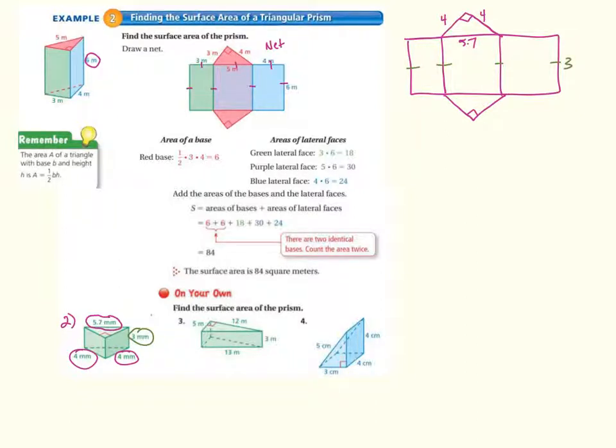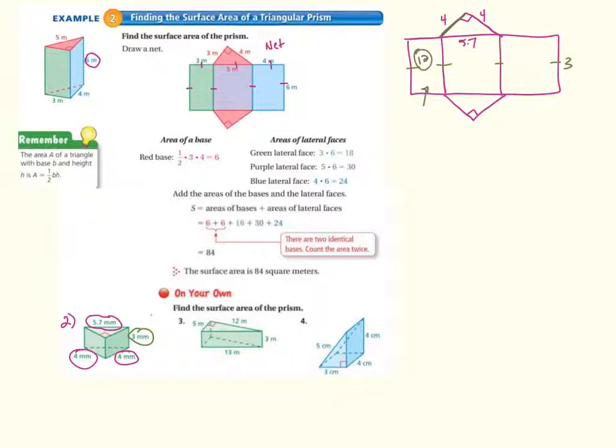Then all you have to do is find the area of each. The green rectangle in the net is going to match up with this leg. So I'm going to take 3 times 4 to get the area of that one rectangle, which is 12.